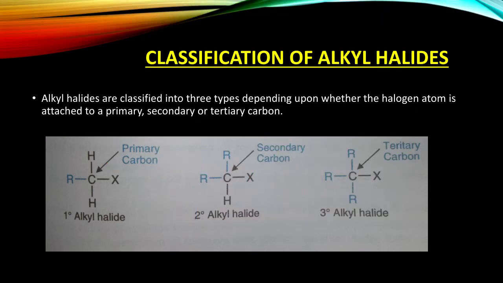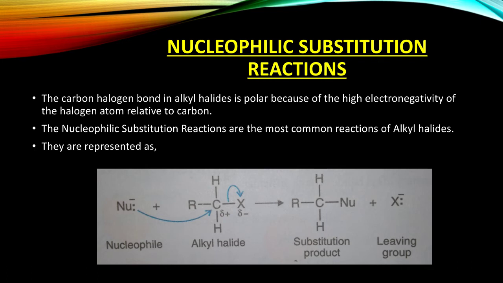The next topic is nucleophilic substitution reaction. Before going to the SN1 mechanism, we will learn some basic terms of the SN1 mechanism, that is, nucleophilic substitution reaction. We already know SN1: SN means nucleophilic substitution.